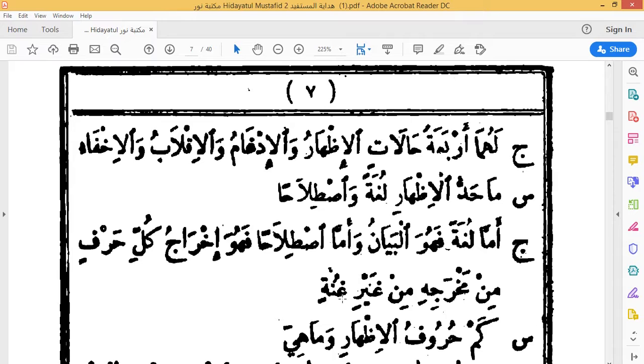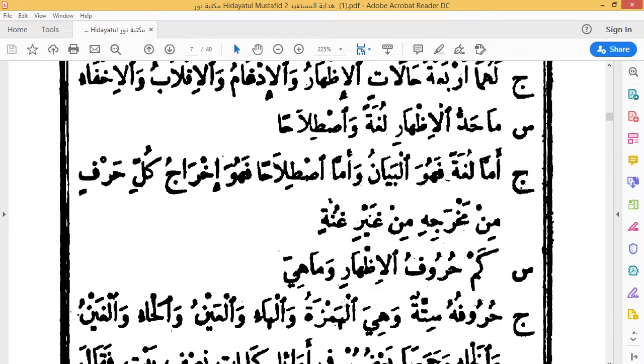Briefly, nasalization is the bringing out of sound from your nostril, like if I say harfin, gunnatin, gunnatun. That's ghunna. That's nasalization. So when you bring out a letter without the accompaniment of such a thing, it is called al-izhar.